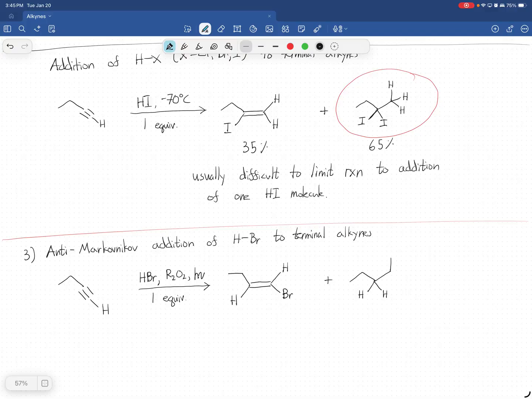Okay? All right, so you can actually get both of these products, and the mechanism is very similar to the alkene one. Mechanism is similar to the alkene reaction.